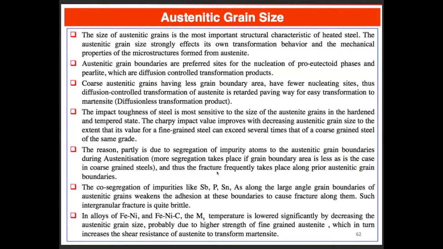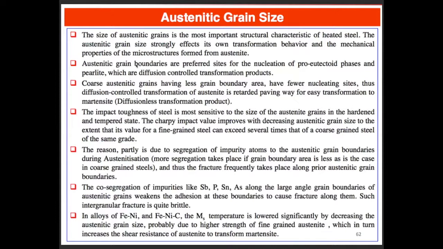The prior austenite grain size is actually one of the most important properties of steel, especially in steels that were martensitic and then tempered, right? The mechanical properties, particularly the fracture and fatigue properties of the final steel, are very, very strongly influenced by the size of the austenite grains, prior austenite grains, right?